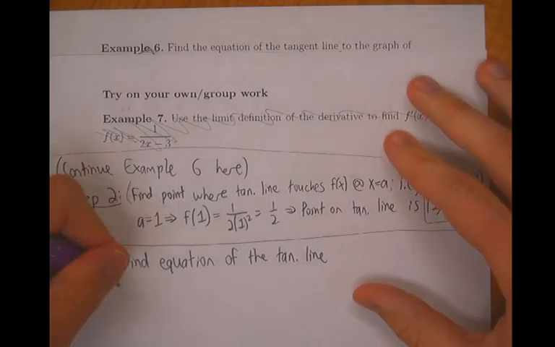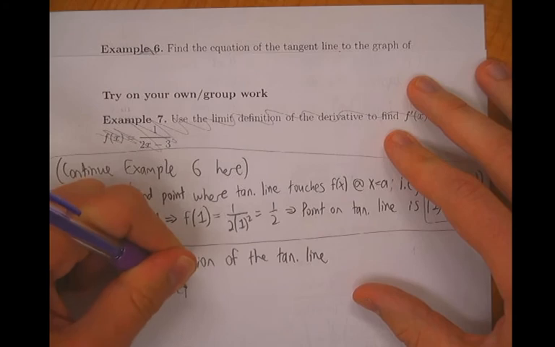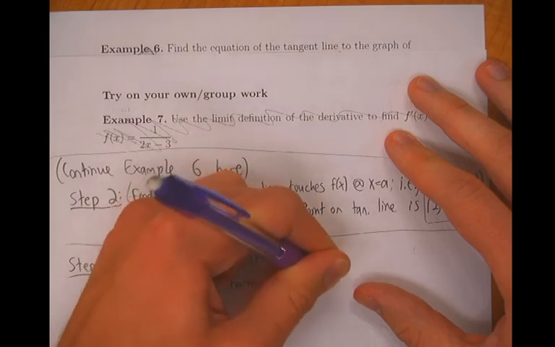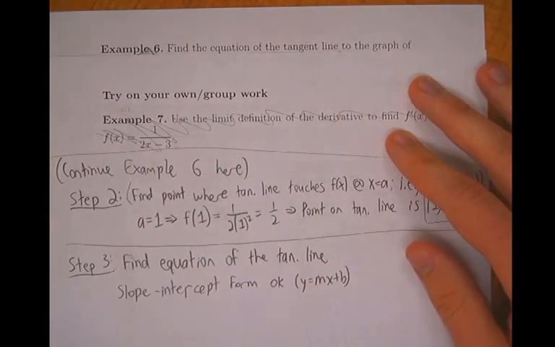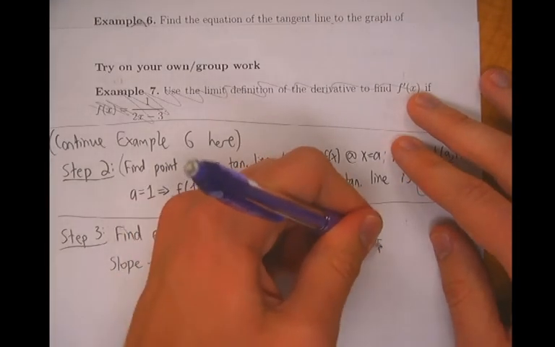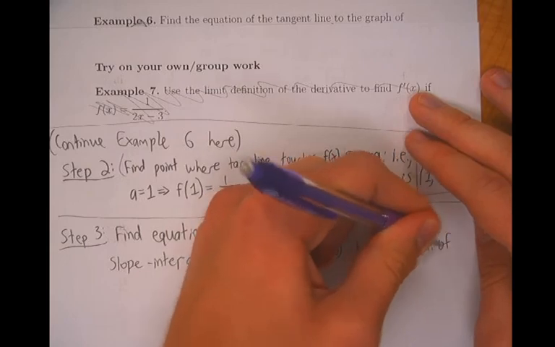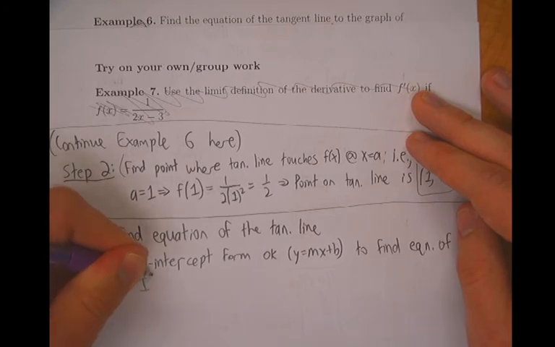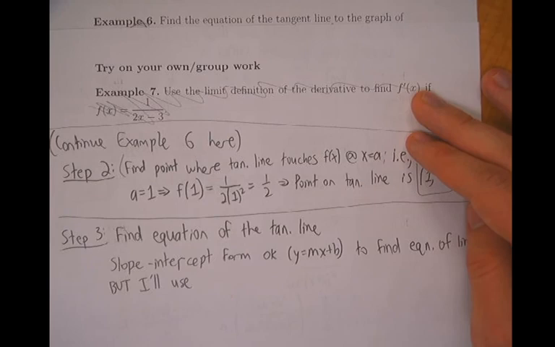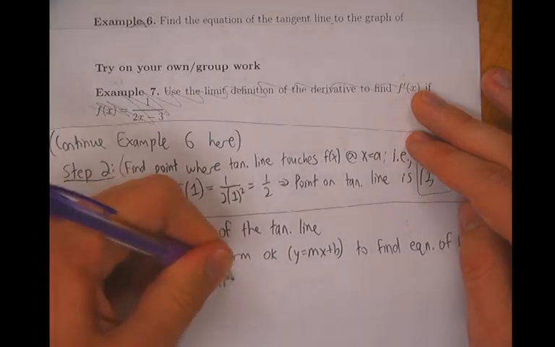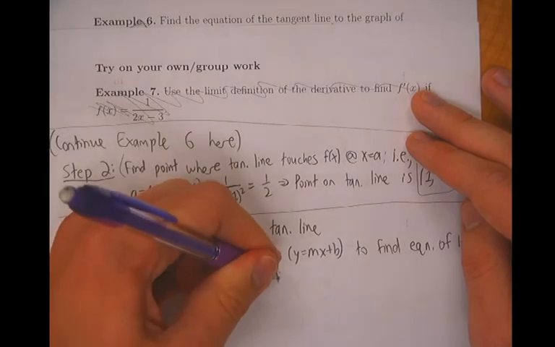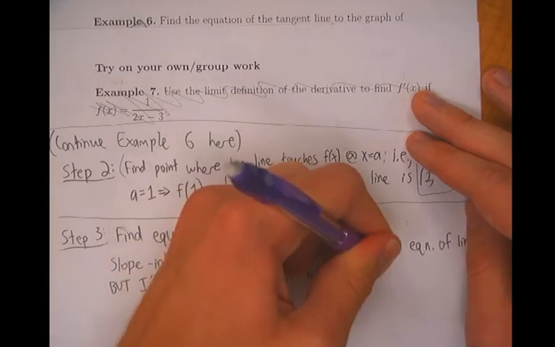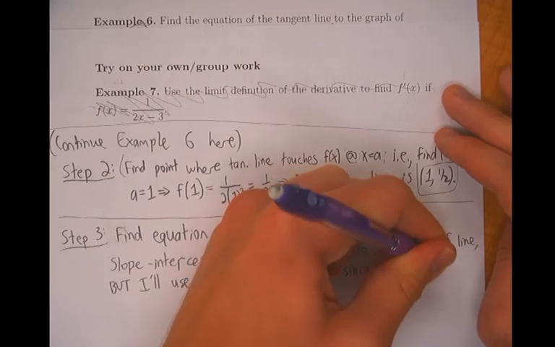So slope-intercept form, okay. So y equals mx plus b, to find equation of line, but I'll use point-slope form below since it's generally quicker.